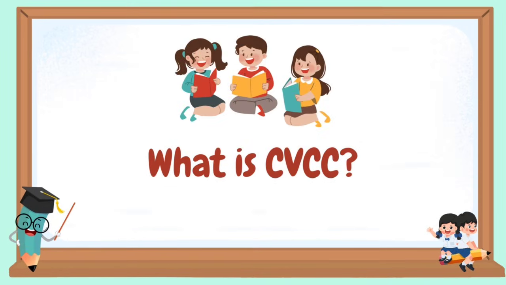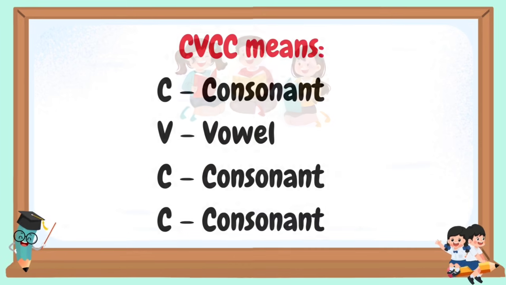What is CVCC? CVCC means C for consonant, V for vowel, C for consonant, and another C for consonant.